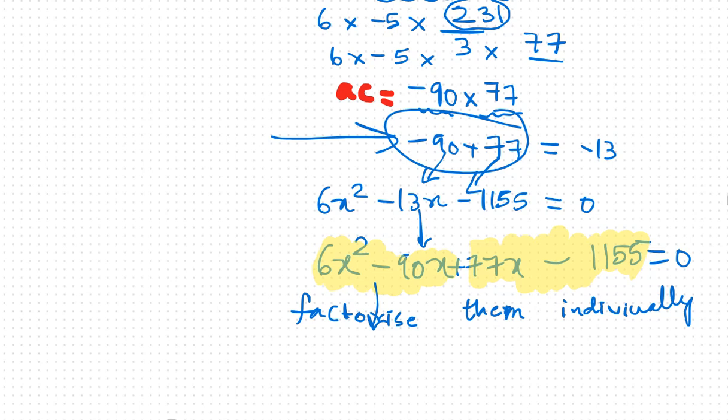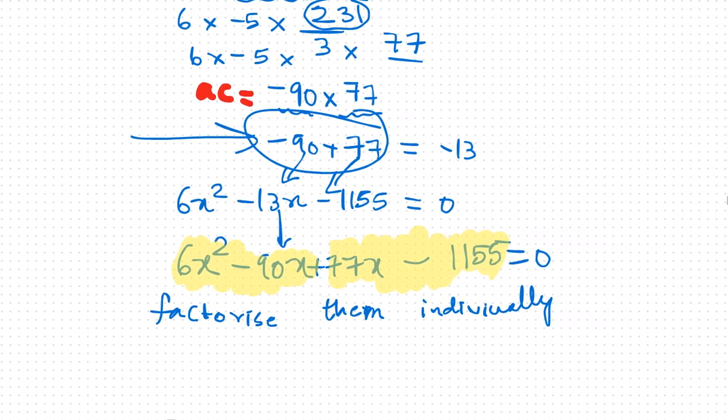Do you see any common factors? 6. When it comes to numbers, we can take out 6. What about variables? 1x, so x power 1. If you take out this, then the inside becomes x minus 15. Okay, good. So that is about the first one.